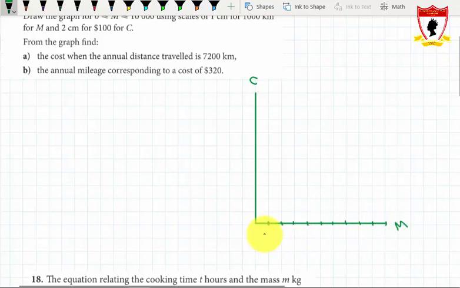So 10 centimeters stands for 10,000 kilometers, and for the cost 2 centimeters means 2 squares represent $100. Here is the first square. Second square is $100, then $200, 3, 4, $500. We might need more. It's fine, we can extend the line. Then done.